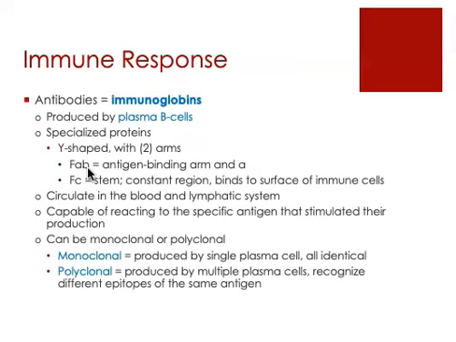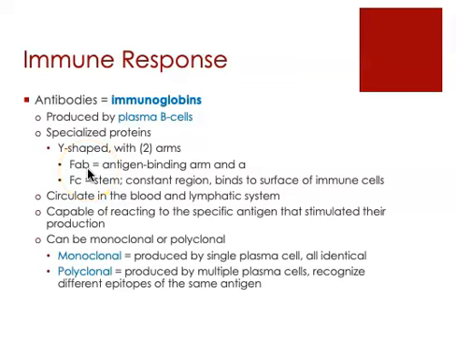And the stem is referred to as the FC. So when you look at an antibody with its Y shape, there's going to be a location on the arms where the antigen binds. That's where FAB comes from, antigen binding.